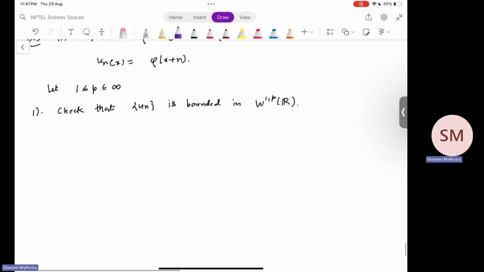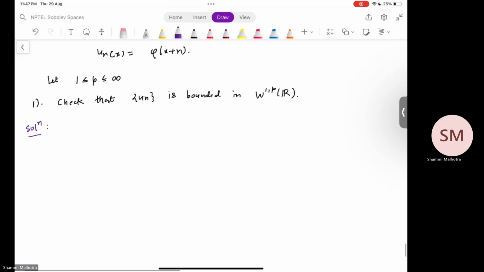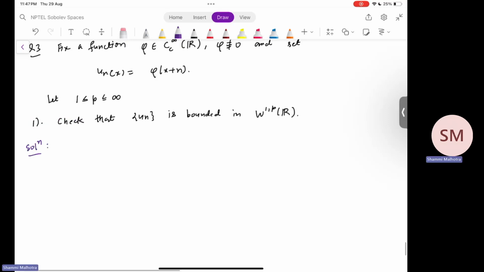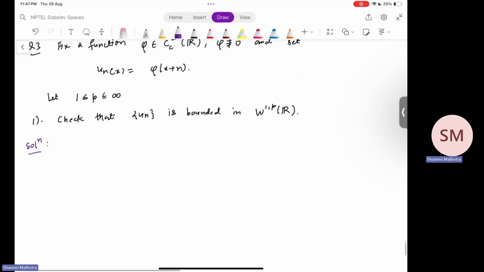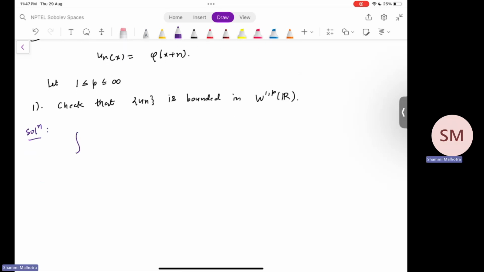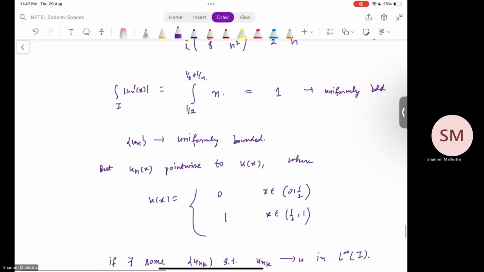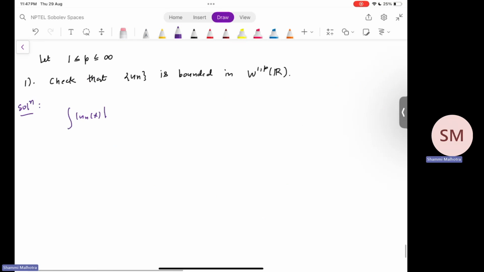To do that, we start with just calculating the W^{1,p} norm of u_n. First, we consider the p norm.